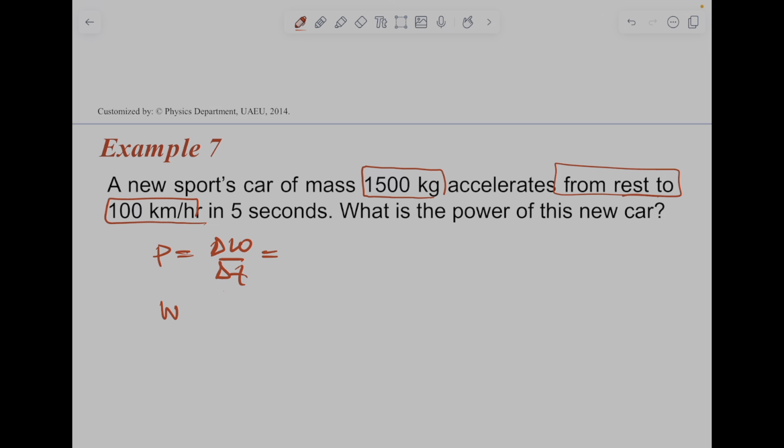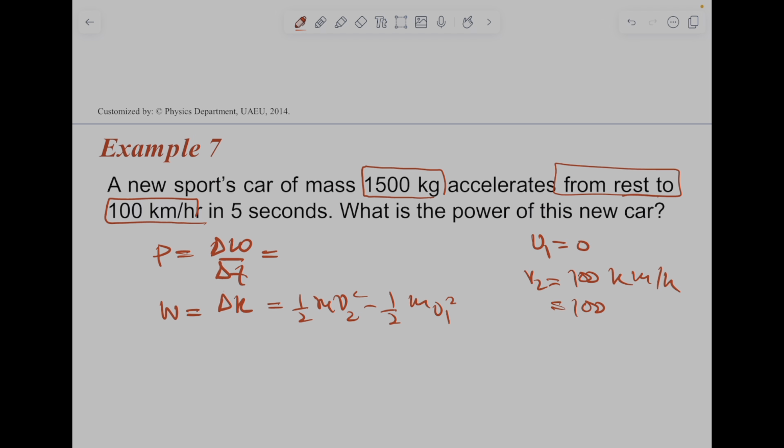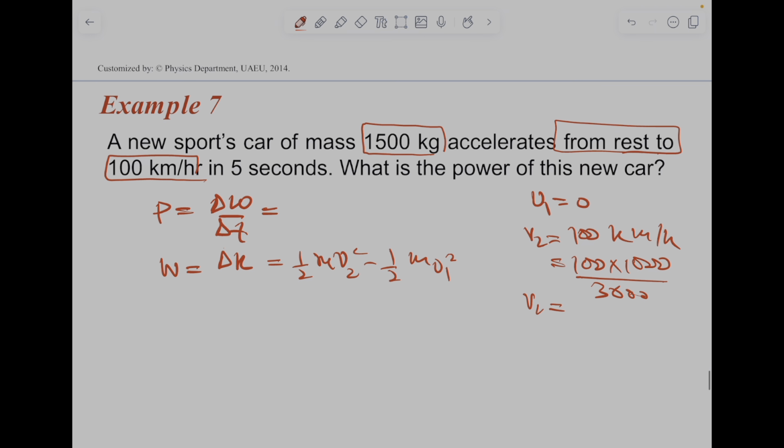Your work is the change in kinetic energy, which is 1/2 m v2 squared minus 1/2 m v1 squared. Your v1 is 0, your v2 is 100 kilometer per hour, which is 100 multiplied by 1000 divided by 3600. This is your velocity, and the time is 5 seconds.